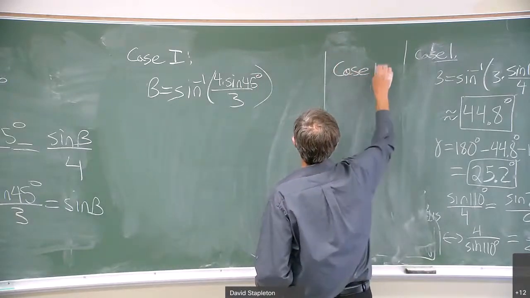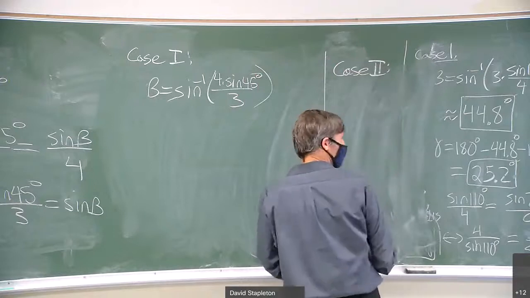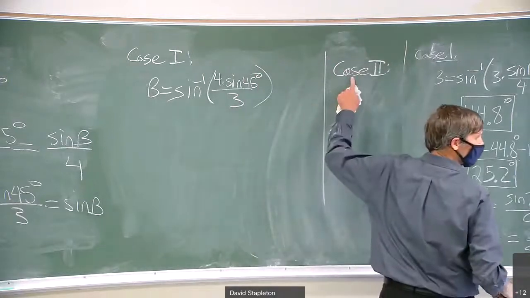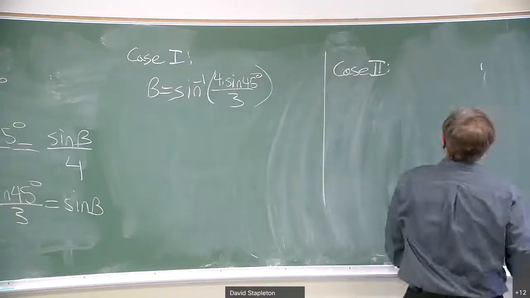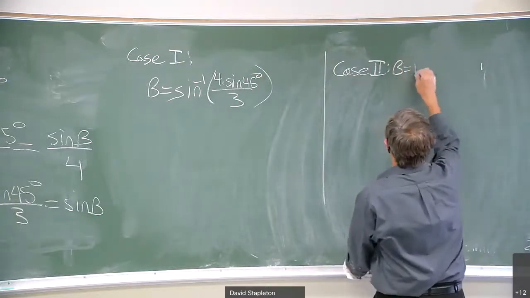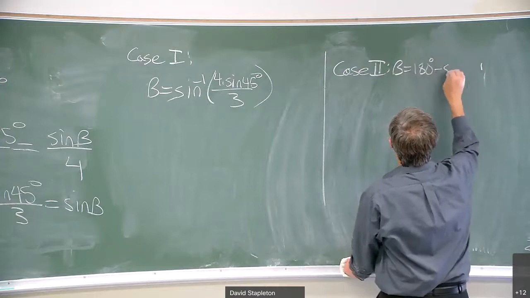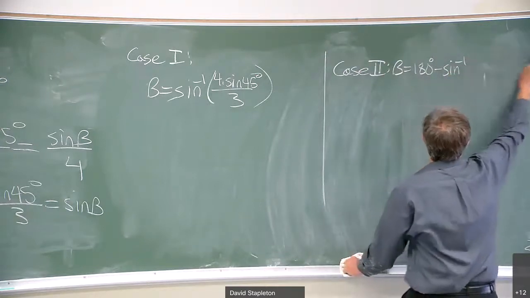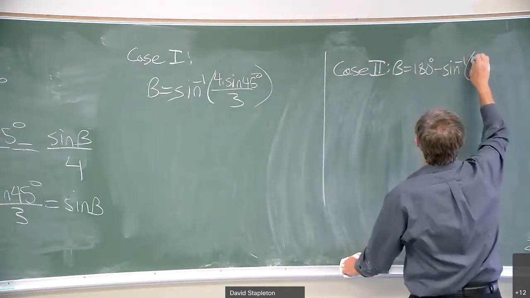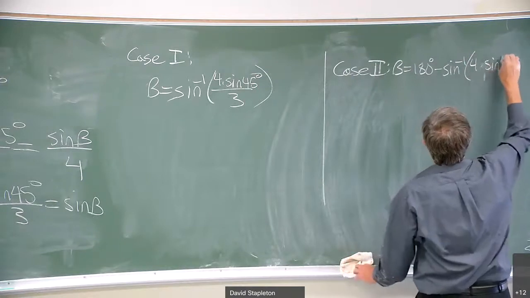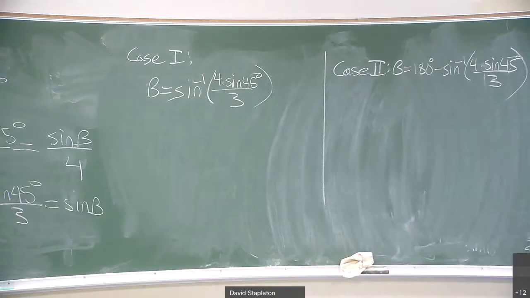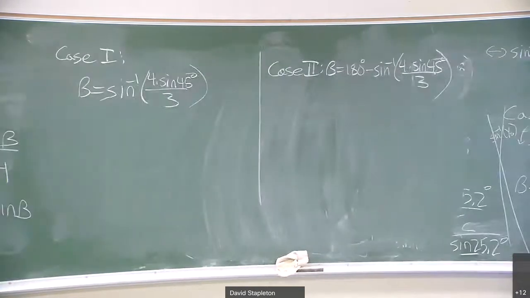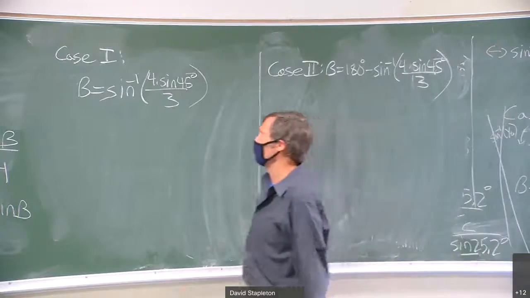So it looks like we're going to get 2 cases this time. Beta is 180 minus the arc sine of the same. There we go. And we just have to make 2 different triangles.